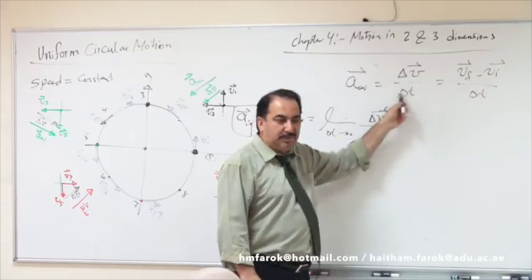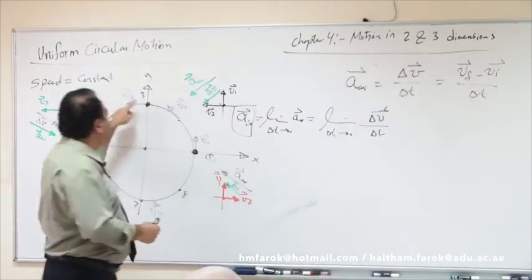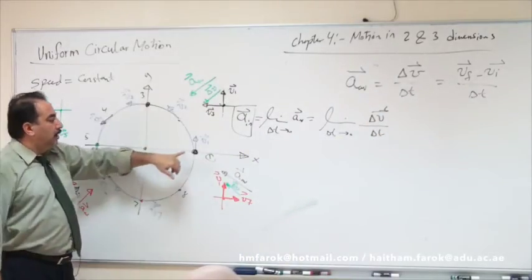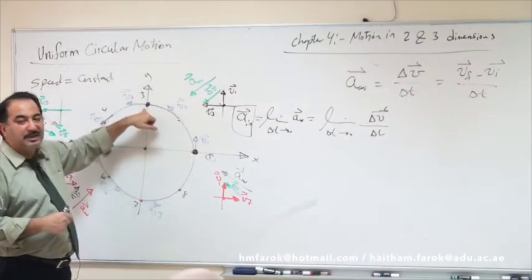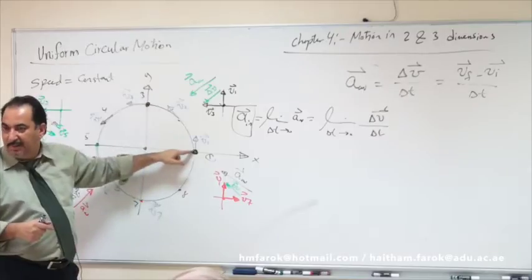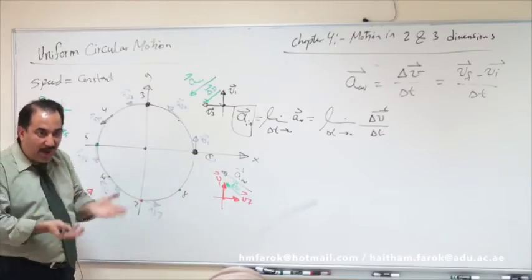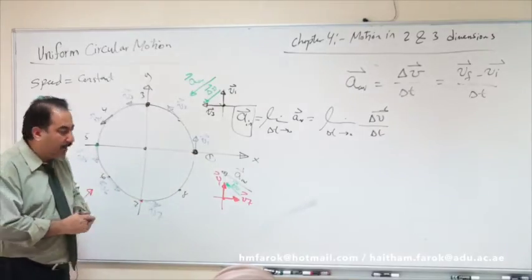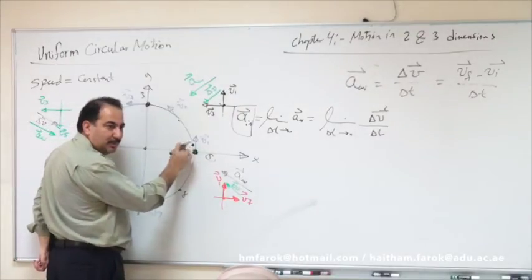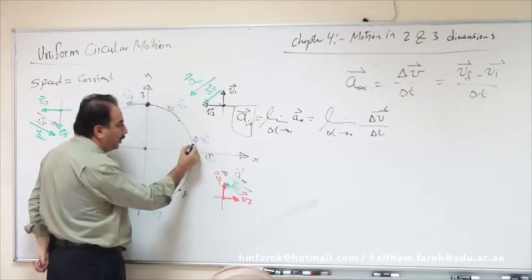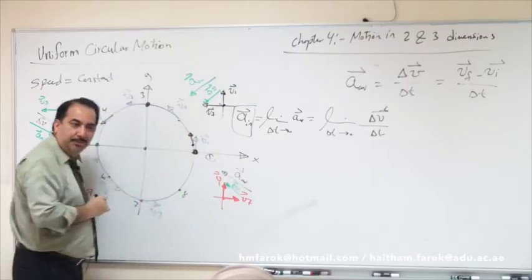Take the limit, what does it mean here? Delta t approaches 0. When I do the drawing again, if I say this is 0.1, where is the final? I can't take 3 as a final, too far. The delta t between those 2 points is high. So I start here, I finish at a point very close to it. So delta t is small.